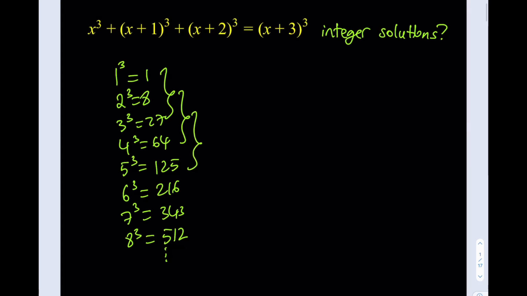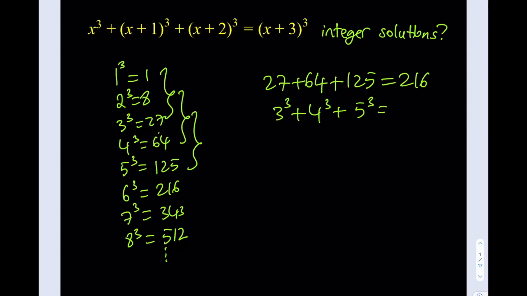But if you keep checking, you'll find what you're looking for. 27 plus 64 is 91, and 91 plus 125 is 216. So 27 plus 64 plus 125 is equal to 216, which means 3 cubed plus 4 cubed plus 5 cubed is equal to 6 cubed.